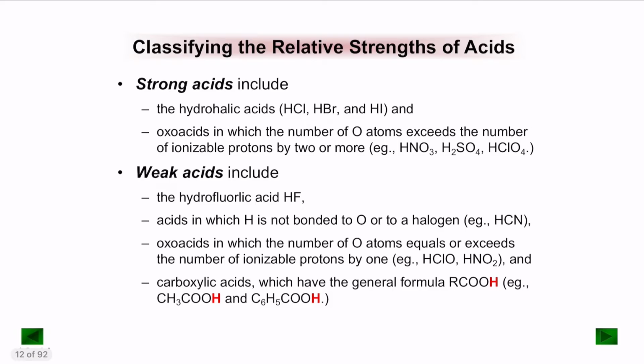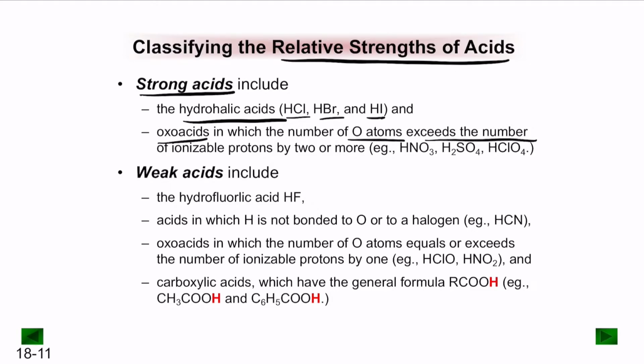Now, classifying acids based on relative strength, let's take strong acids. How do you classify a strong acid? They generally include the hydrohalic acids, HCl, HBr and HI, and also oxo acids in which the number of oxygen atoms exceeds the number of ionizable protons by 2 or more. For example, let's take the difference between HNO2 and HNO3.